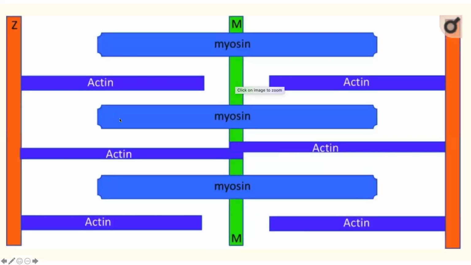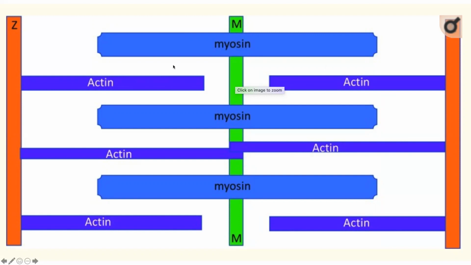We can see the orange Z lines with fibers running from one Z to another. Now we start seeing two different types of lines: the big, thick myosin and the thin, small actin lines.